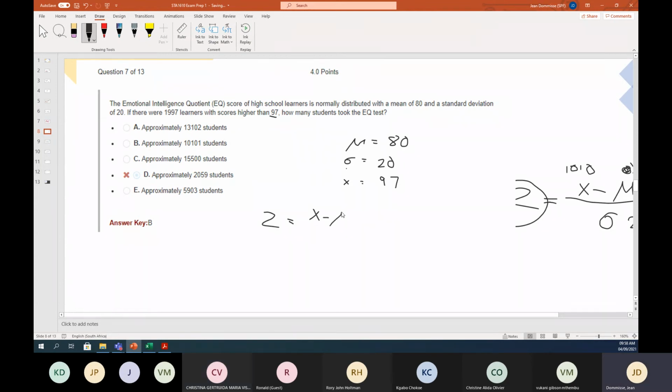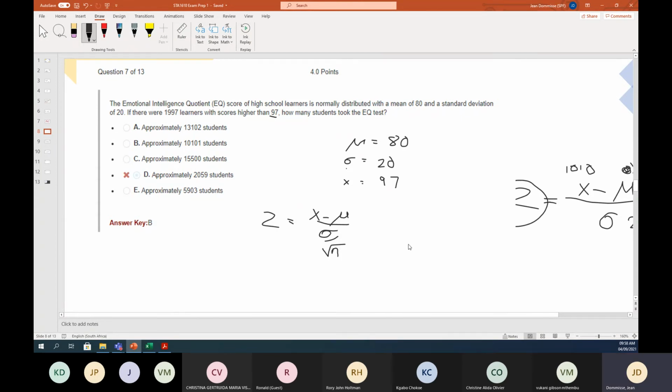Because I'm just checking if that is my formula I can work with. What is that gonna tell me?